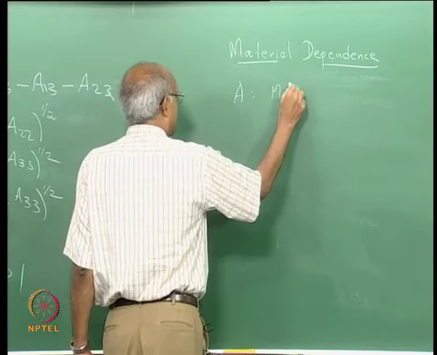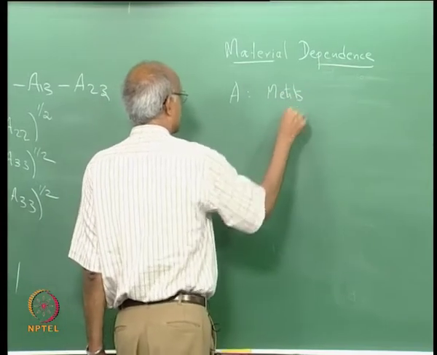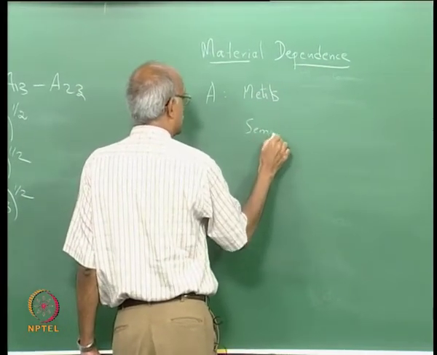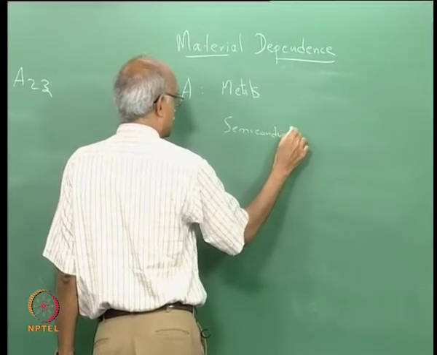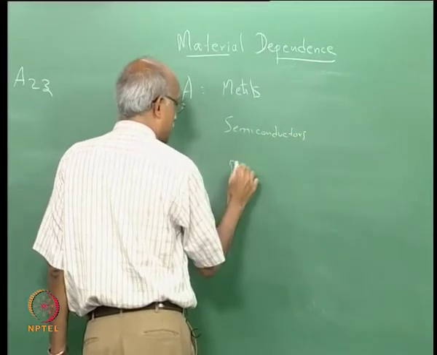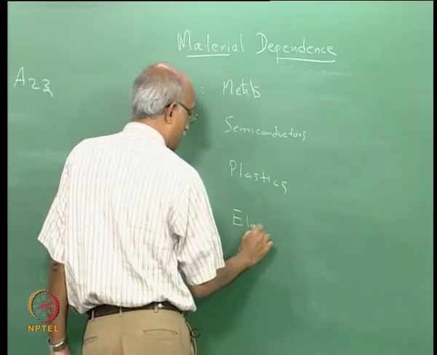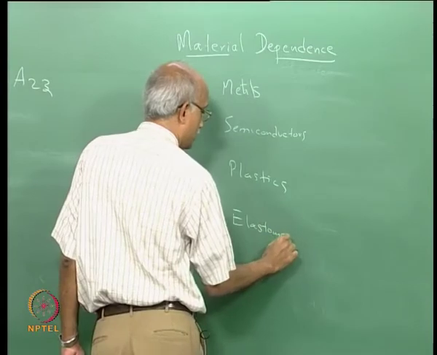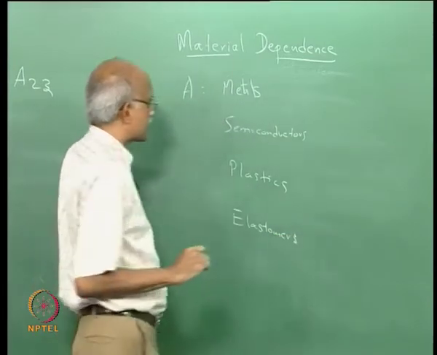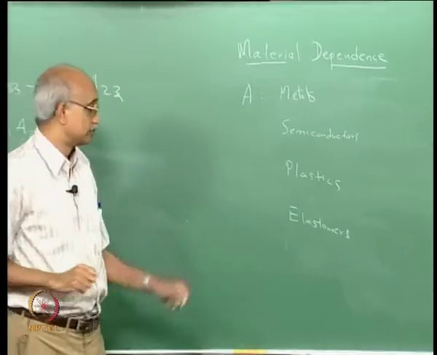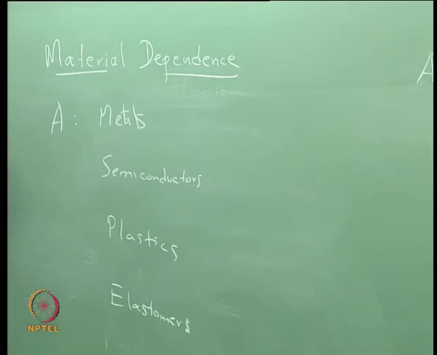So if you take metals, then you take semiconductors, take plastics, and you take elastomers or rubber materials, what do you think will be the approximate range of A values?